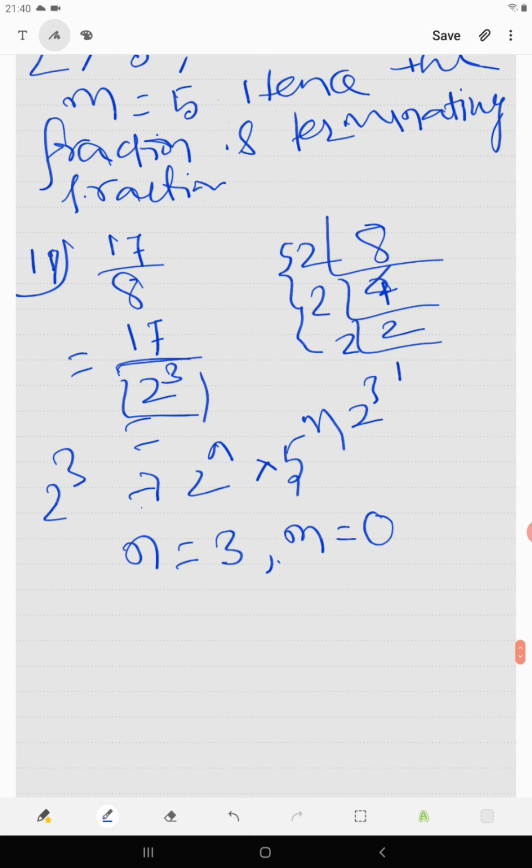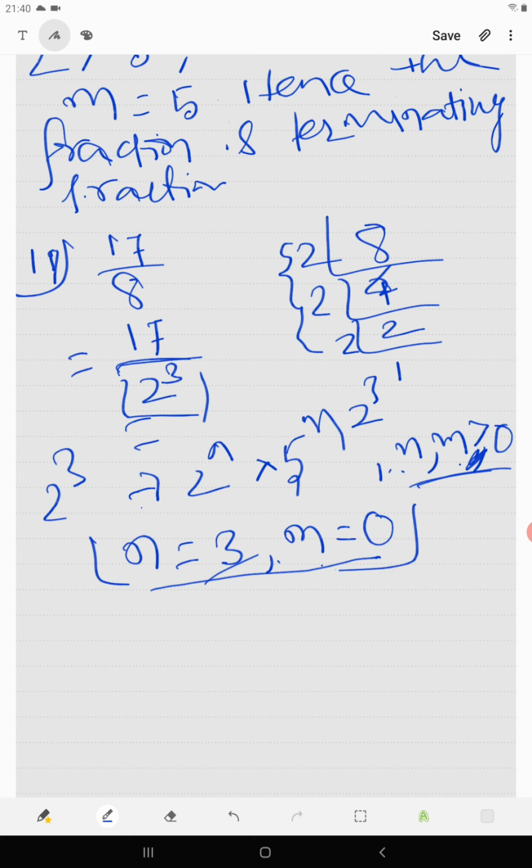Okay? Now this also satisfied our given conditions, because the denominator we were able to convert into the form of 2 to the power n into 5 to the power m, and another thing was n, m should be greater than or equal to 0. So you see this, n is greater than or equal to 0, satisfied, m equals 0, this is also satisfied, right? So this satisfied our condition.